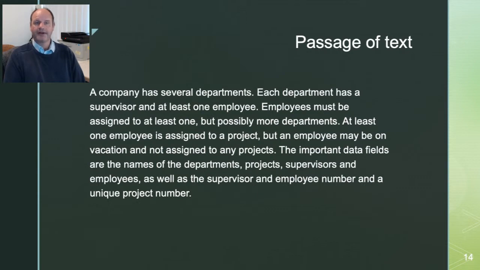At least one employee is assigned to a project, but an employee may be on vacation and not assigned to any projects. The important data fields are the names of the departments, projects, supervisors, and employees, as well as the supervisor and employee number and a unique project number.